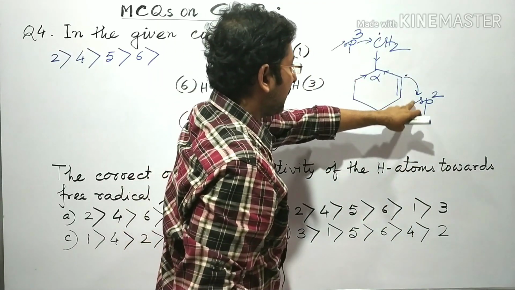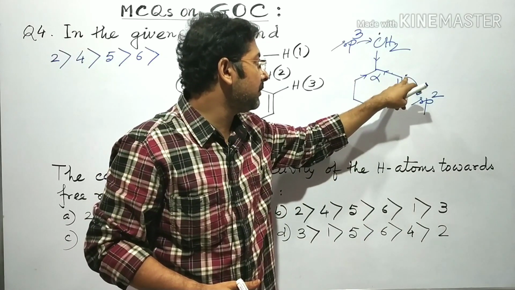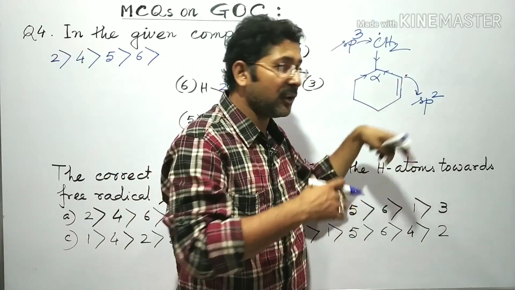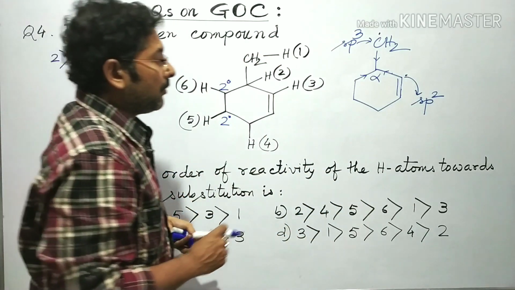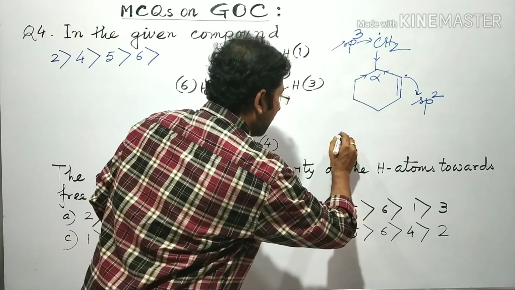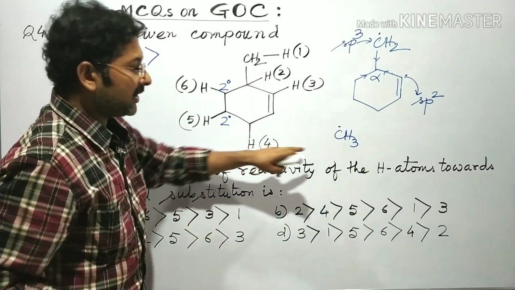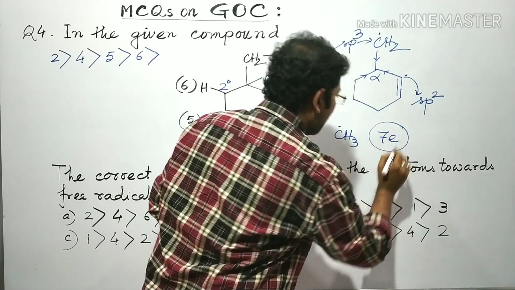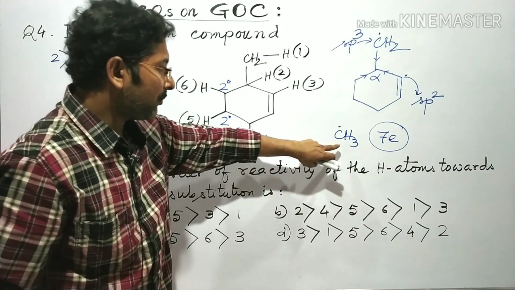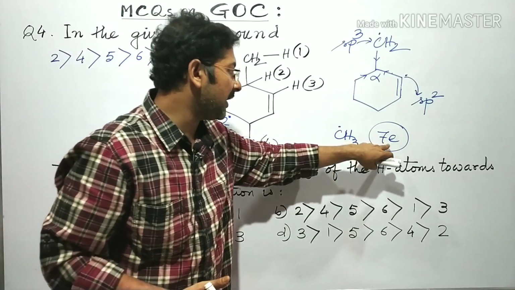So sp2 carbon can't easily be electronically deficient, but when a free radical is formed, the carbon becomes electronically deficient, because in any free radical the carbon contains 7 electrons in its outermost shell. Carbon has 3 covalent bonds, 3 into 2 is 6, plus 1 is 7 electrons.